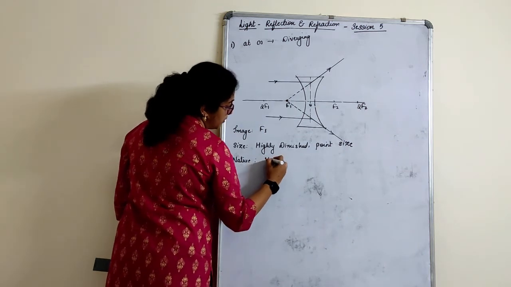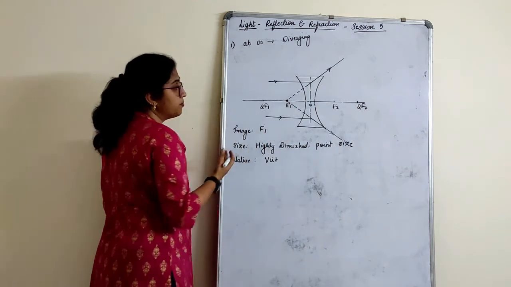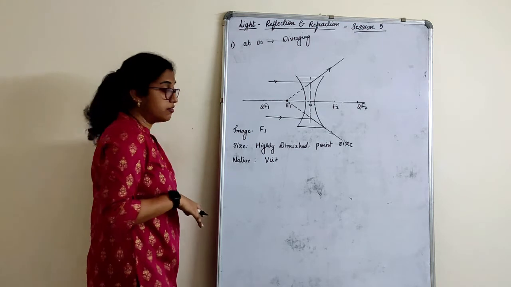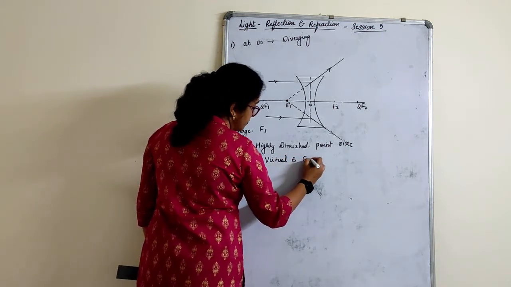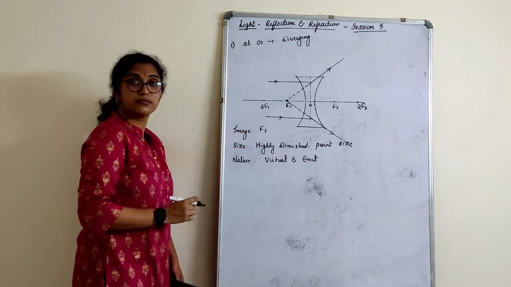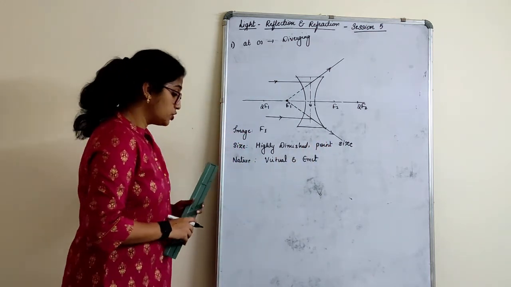Nature: virtual. Any image formed on the same side of the object kept is always virtual. And erect. Very clear? This is the first one.